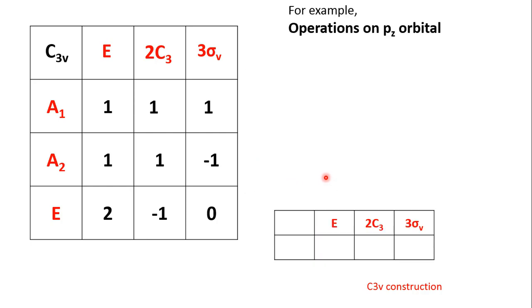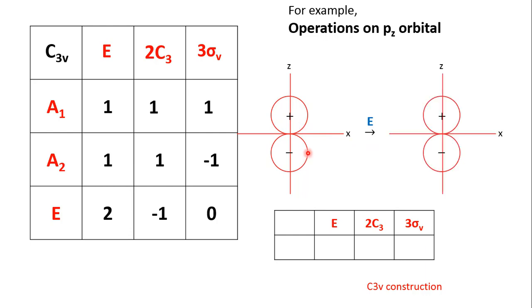For example, consider this p orbital, which is along the z axis, and so what we are referring to is the pz orbital. First, the operation of E, identity, is the action of doing nothing, and so plus will remain in the same place and minus will remain in the same place, and so it is symmetric and you will get it as 1.